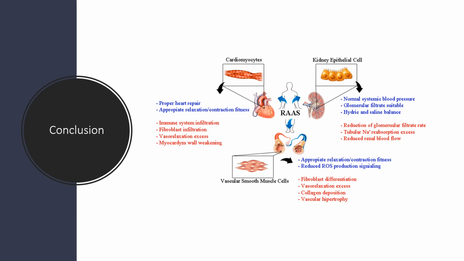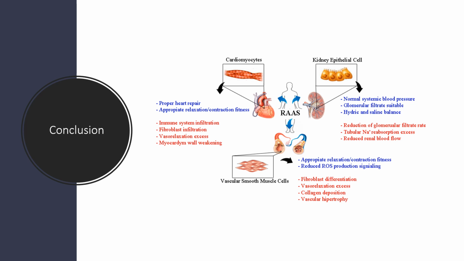So, in conclusion, the RAAS is activated in response to low blood pressure or decreased blood volume. Renin, an enzyme released by the kidney, converts angiotensinogen into angiotensin 1.